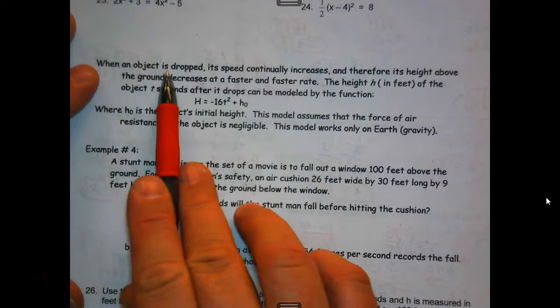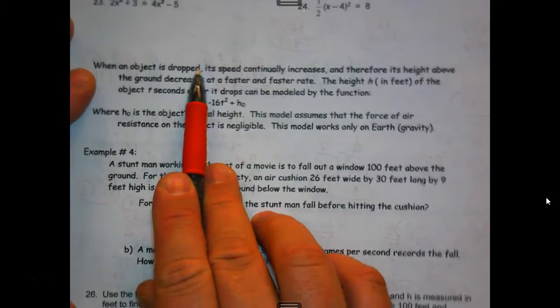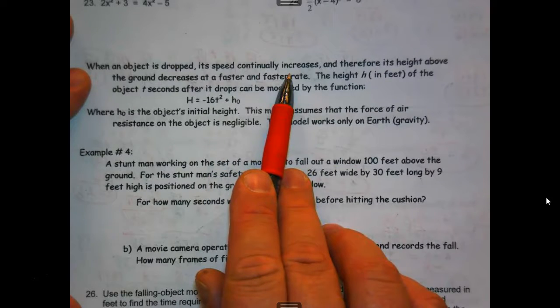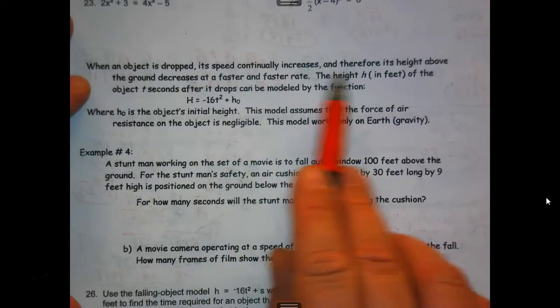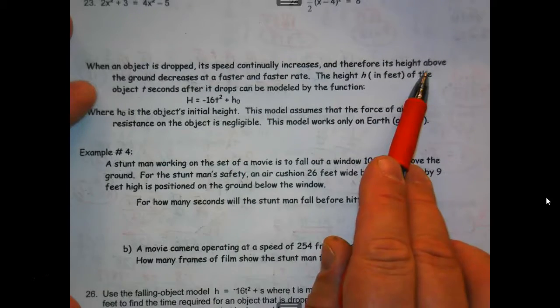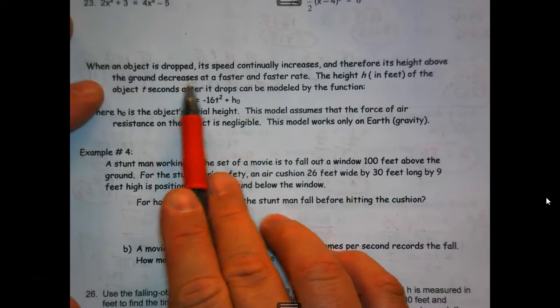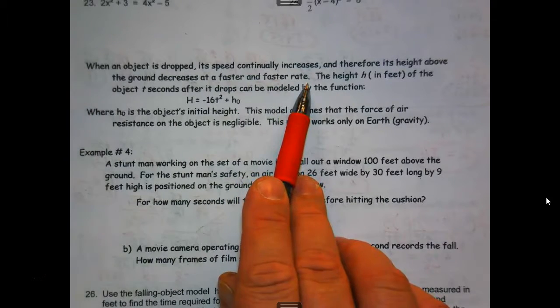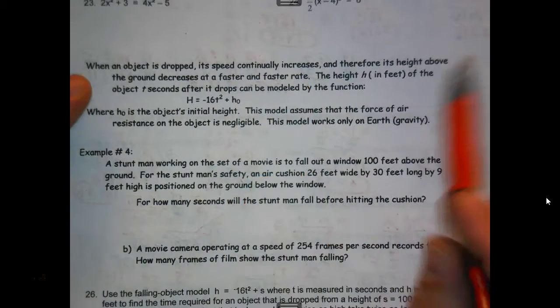When an object is dropped, its speed continuously increases, and therefore its height above the ground decreases at a faster and faster rate until it hits terminal velocity, right?